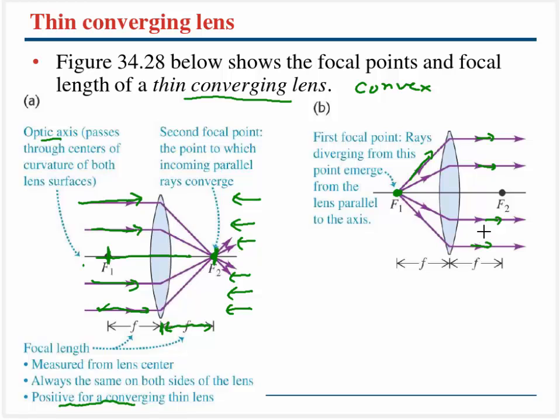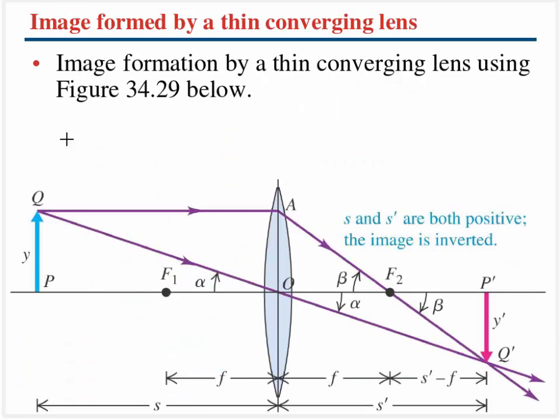Images for lenses are going to be formed in the exact same manner as with curved mirrors. If we have this object right here, we're going to have some object distance s from the center of the lens. We're going to have some focal length, and we're going to have some image distance, so calling that s prime. We find it in pretty much the same manner as we did before.